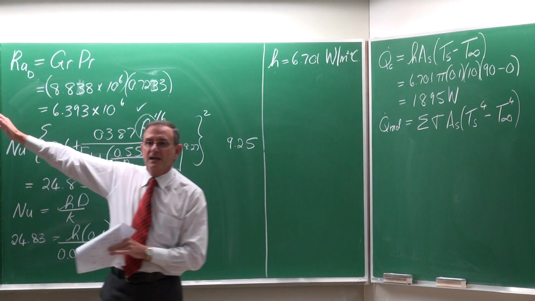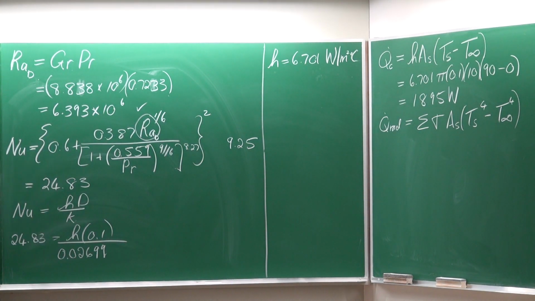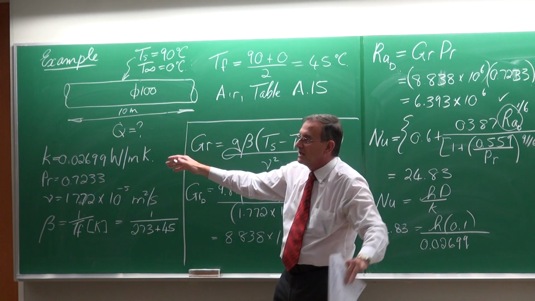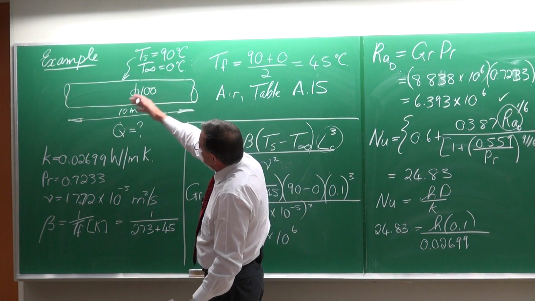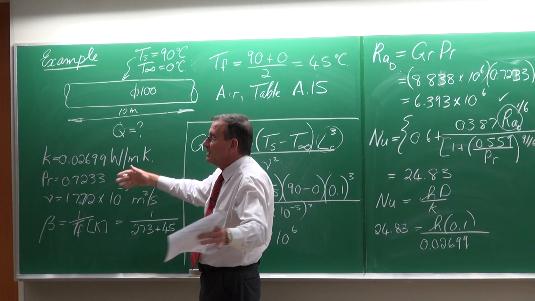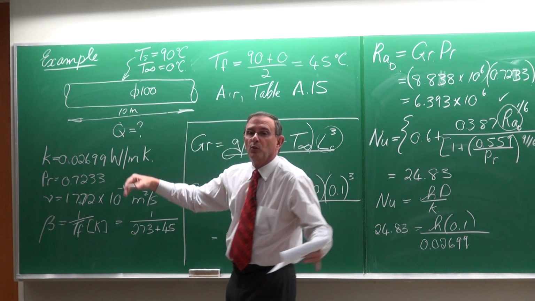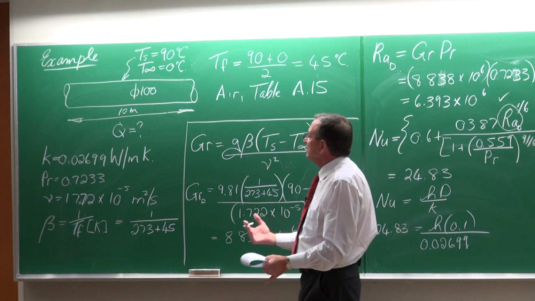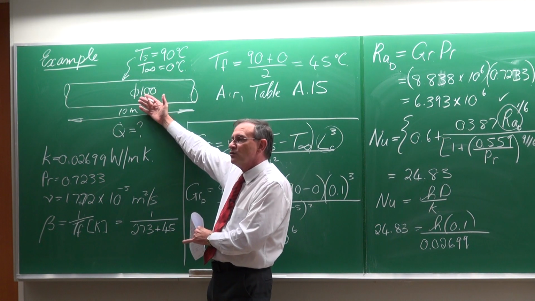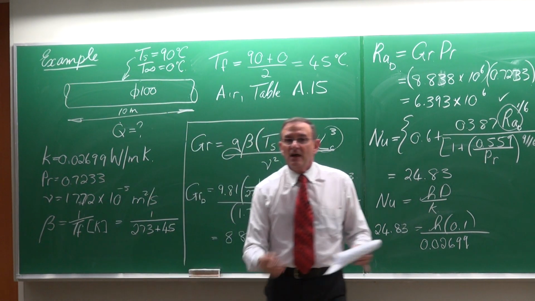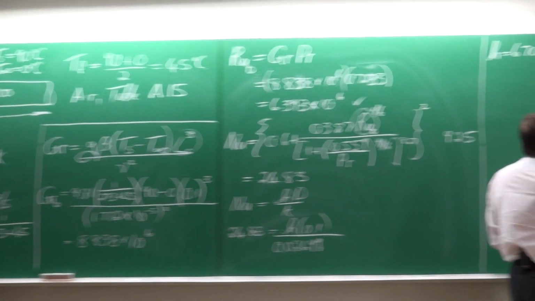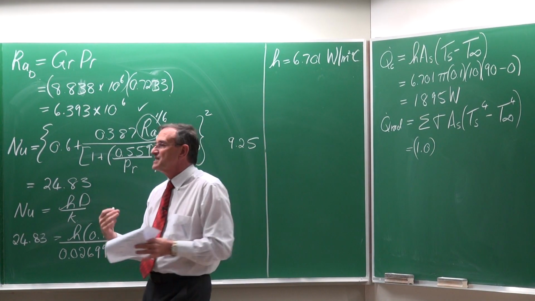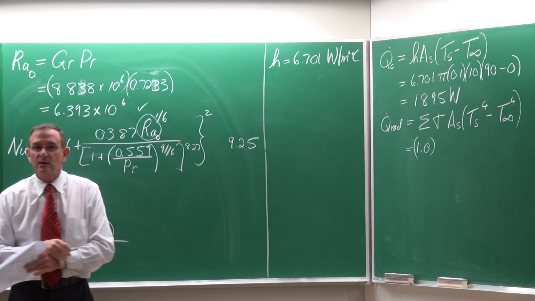Now they didn't give us the emissivity, or say anything about the walls on the outside, at what temperature that is, but let's assume that this pipe is somewhere in a building and the temperatures of the walls are approximately equal to 0. And we would like to know what the maximum radiation heat transfer would be, and that would be for an emissivity equal to 1. So this is just an extreme worst case estimate of what the radiation heat transfer can be.